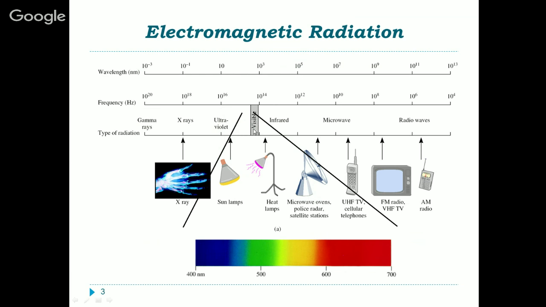Here we have the visible region of light from 400 nanometers to 700 nanometers. And then we get into less and less energetic radiation. So infrared, which is heat, microwaves, and radio waves. If we look at a radio wave, it is very low energy, has a much smaller frequency, and is much, much larger in its wavelength.